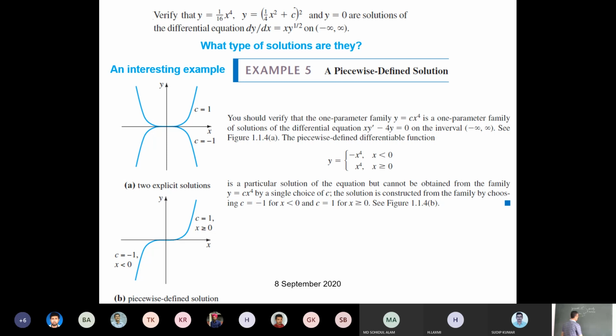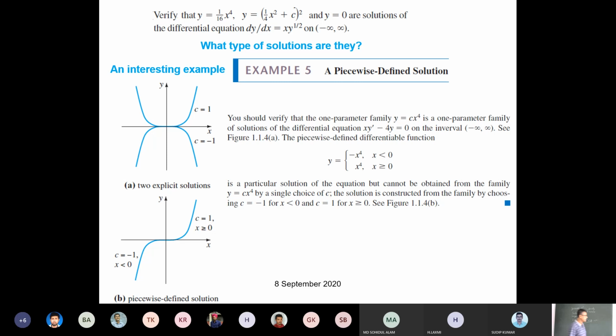We also talked about the domain of definition of the solution, or simply the interval of the solution. Okay, I hope I'm audible, right?